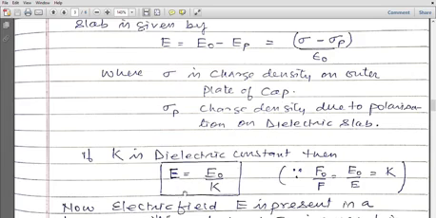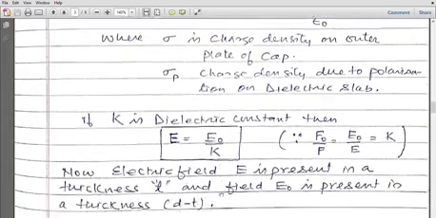Now already we know that if E0 is electric field in vacuum and the dielectric constant of dielectric slab is K, then electric field inside dielectric slab E is given by E0 upon K. Very first portion में देखें E0 upon E, it is equal to dielectric constant K. So using this formula you can find out value of E as E0 upon K.